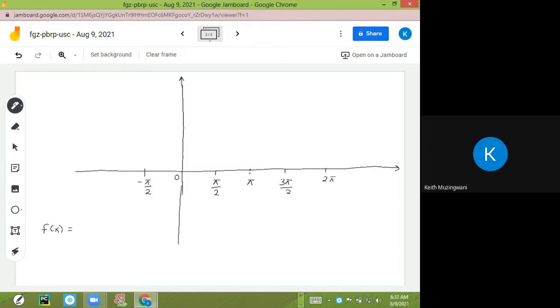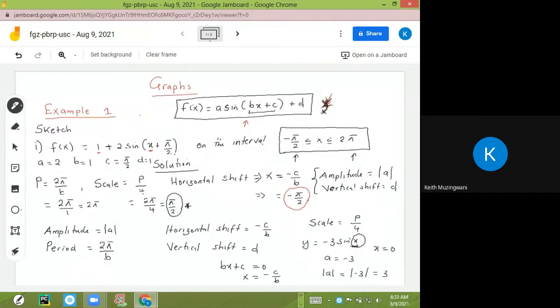The horizontal shift. Look, our first number to be written is the horizontal shift. From there, where do we go? We get the guidance from the scale. So we'll come to the horizontal shift and add the scale. Oh, okay, sir, I get. The number you get, you add the scale again. The number you get, you add the scale again until you get to 2 pi. Why 2 pi? In this question, we are told we must end at 2 pi.